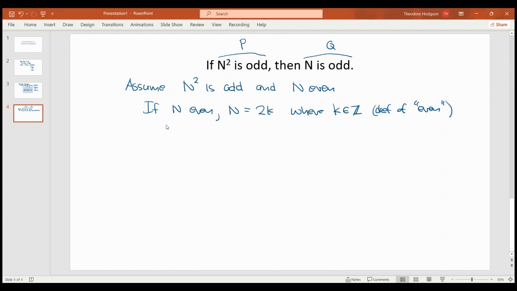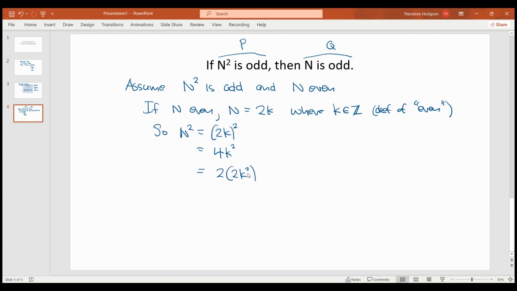So if n equals 2k, we know that n squared equals, with a little algebra, (2k) squared. Let's work that out. That equals 2k times 2k, or 4k squared. But that equals 2 times 2k squared.